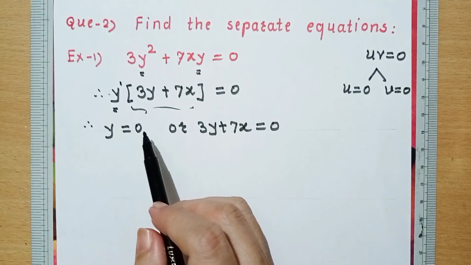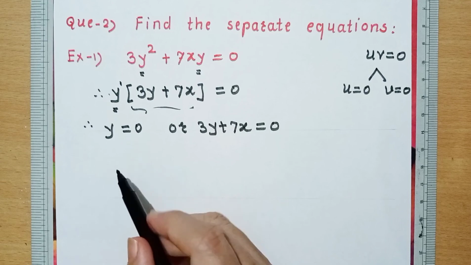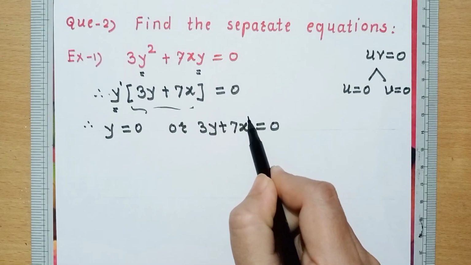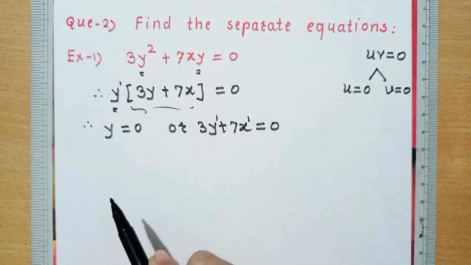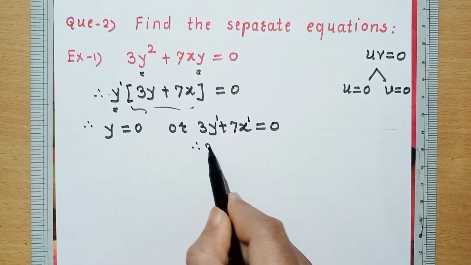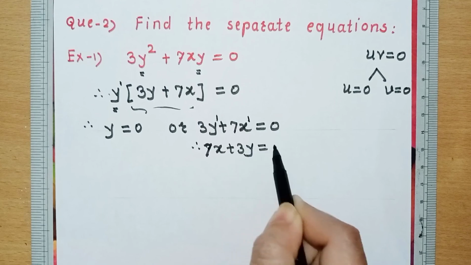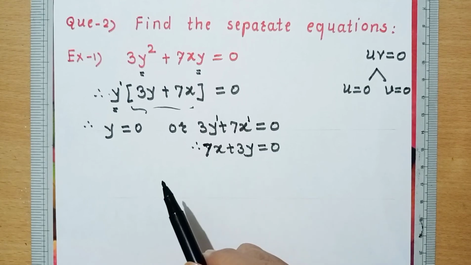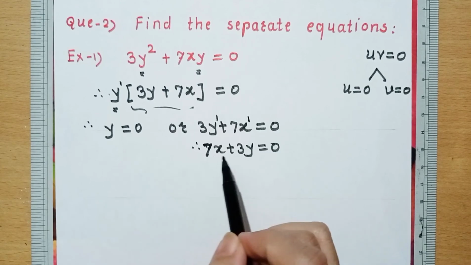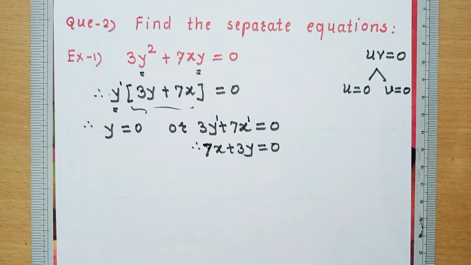Now y equal to 0 means the equation of the x-axis, and check here, the index of x is 1, the index of y is 1, therefore 7x plus 3y equal to 0. This is also the equation of a line. So these are the two separate equations.